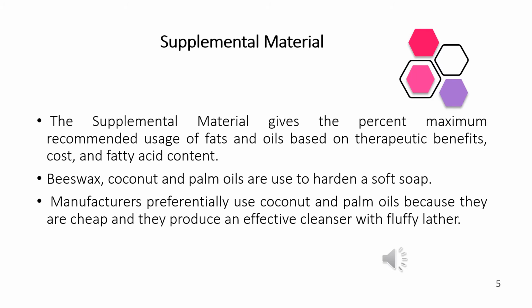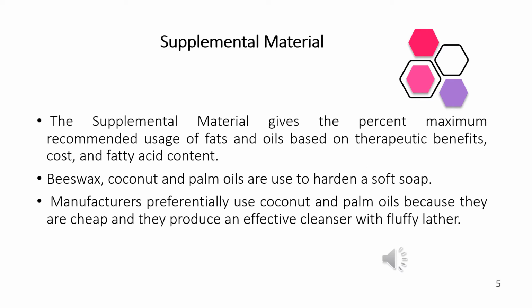Supplemental material. So what are the supplemental materials that are required to produce an effective soap? The supplemental material gives the percent maximum recommended usage of fats and oil based on therapeutic benefits, cost, and fatty acid contents.